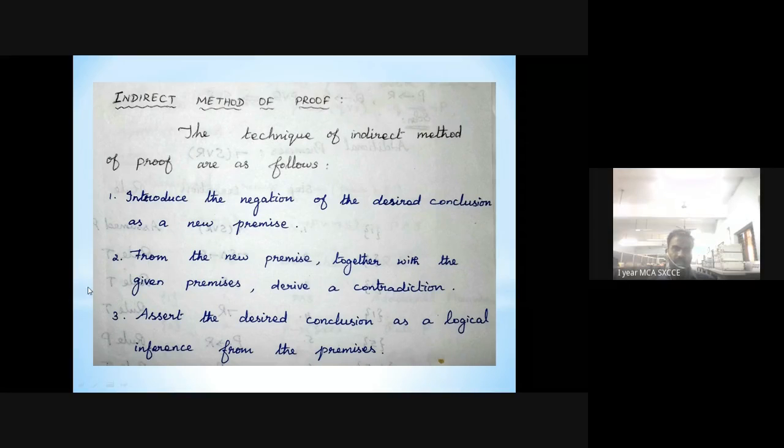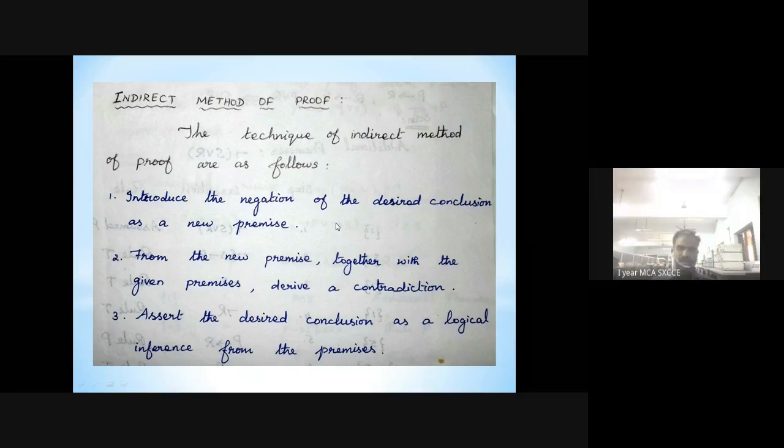Next we are having the indirect method of proof, that is, proof by contradiction. Actually, you have already used this indirect method of proof. The technique of indirect method of proof is as follows. Introduce the negation of the desired conclusion as a new premise.